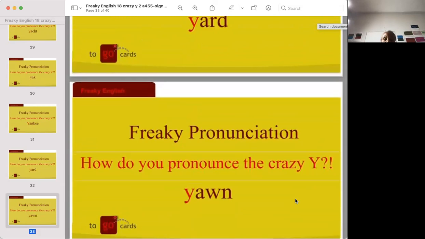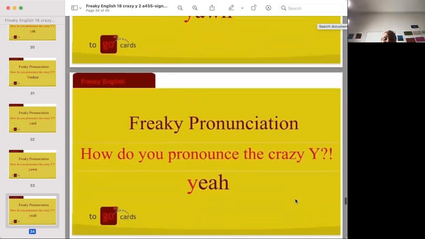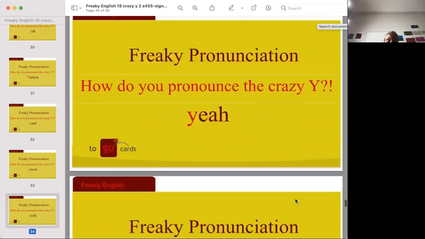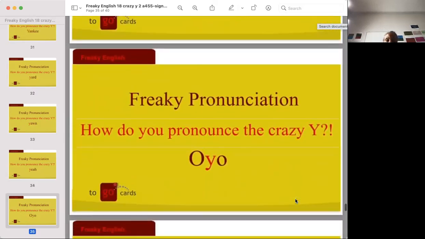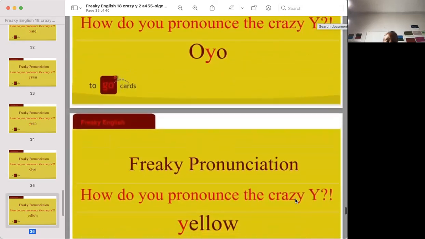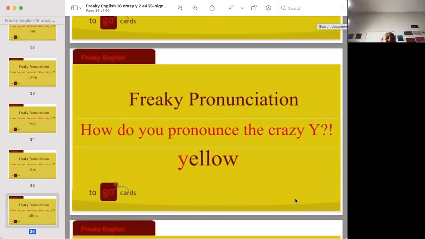Yawn, to yawn. Oh, I'm so tired. That's to yawn. Yay, yay, yay. I don't think I have to explain that. Oil, yellow, the color yellow. Mellow yellow.